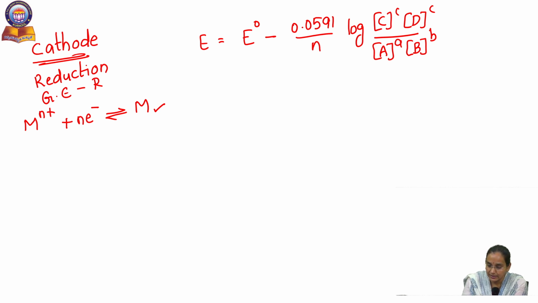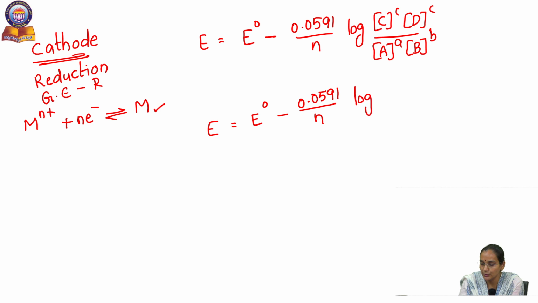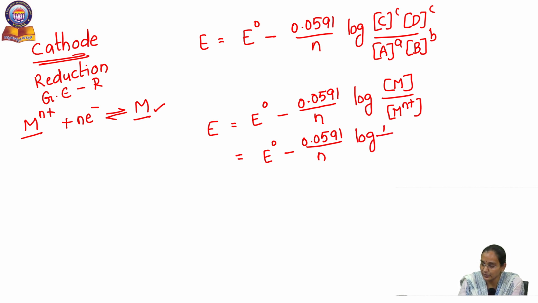If you write the Nernst equation for this reaction, we get E equals E naught minus 0.0591 by n into log of the concentration of, what is the product here? Metal. And the reactant is the metal ion. Just now we said that the concentration of metal is 1. So the concentration of M we take as 1, divided by the concentration of the ion.